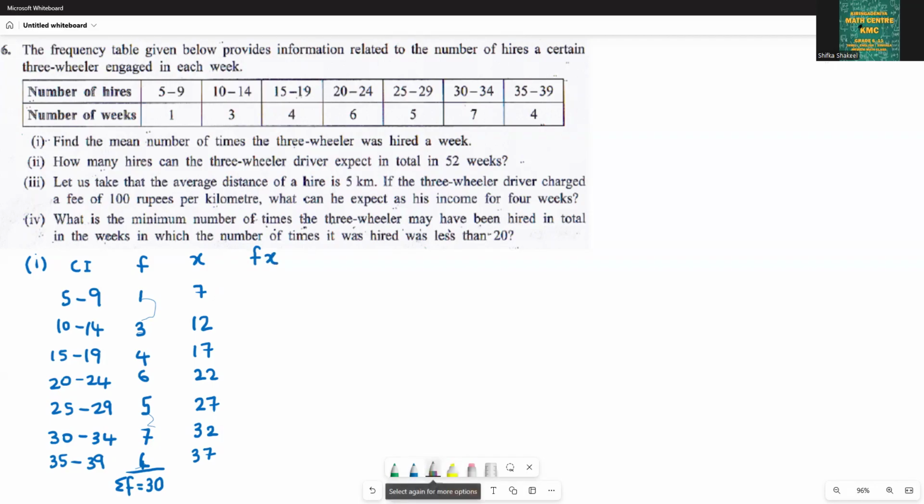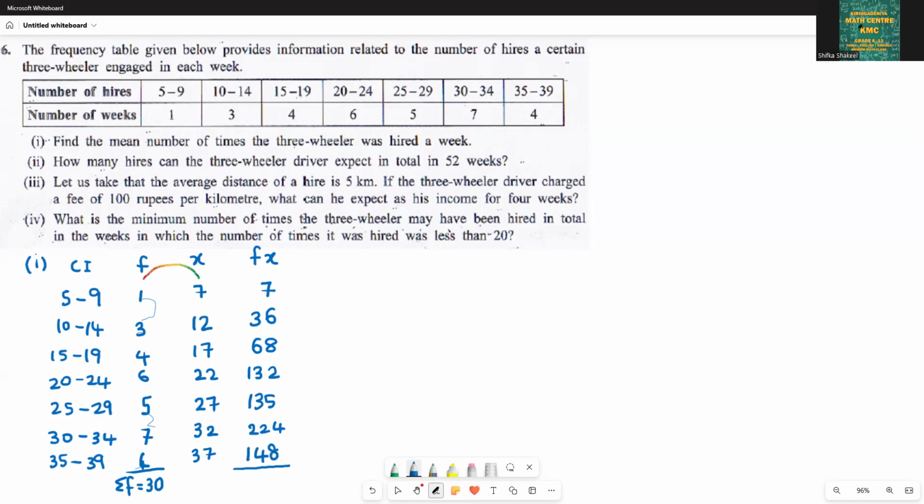To find FX, we multiply the F column and X column and write the answers. That is 1 into 7, 7. 3 into 12, 36. 4 into 17, 68. 6 into 22, 132. 5 into 27, 135. 7 into 32, 224. 4 into 37, 148.